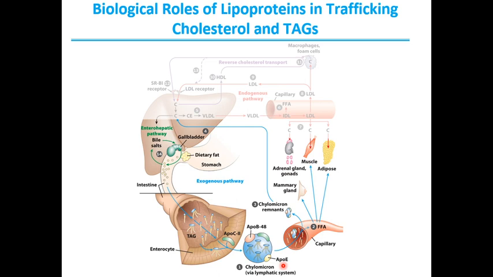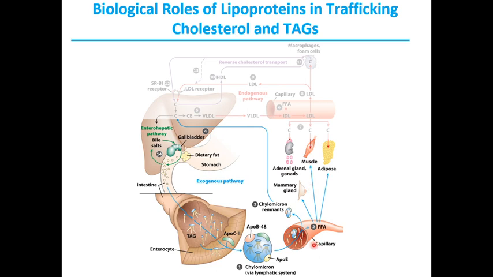The apolipoproteins of chylomicron include ApoB48, the one that we talked about in the previous slide, ApoC2, and ApoE. ApoC2 activates lipoprotein lipase in capillaries of adipose tissues, muscle, and mammary gland.